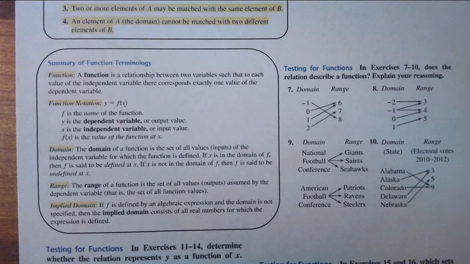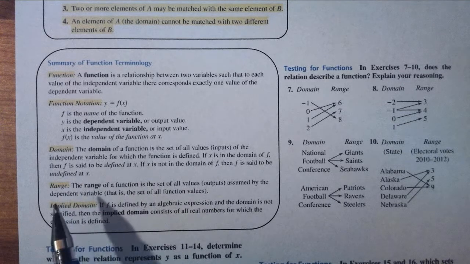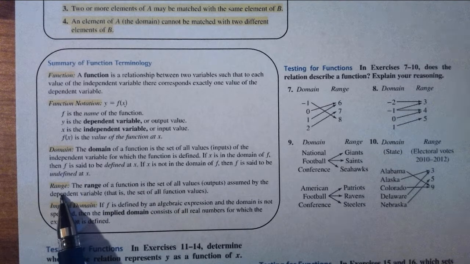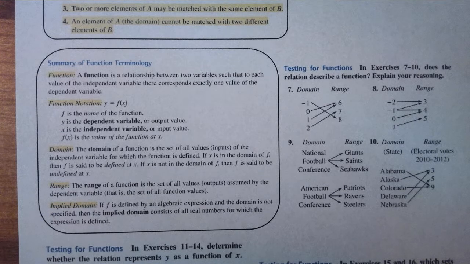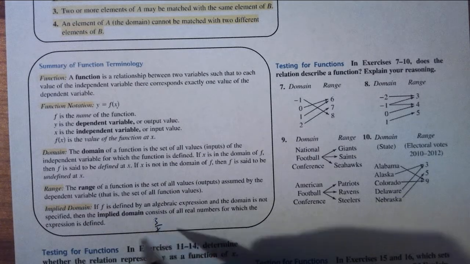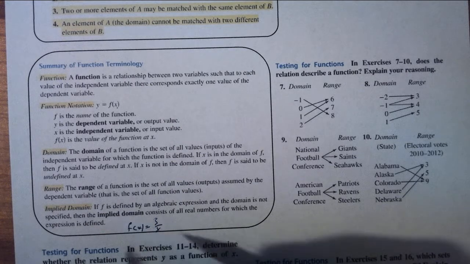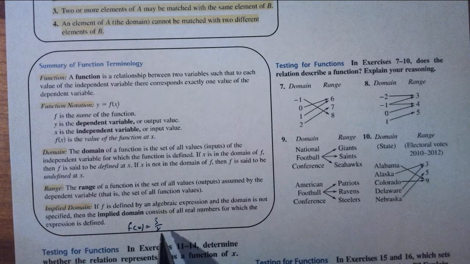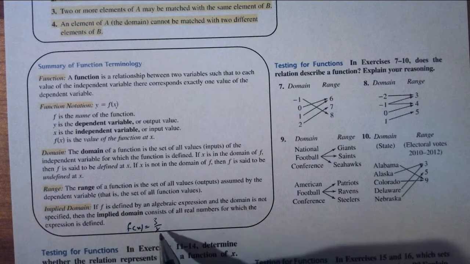Okay. So domain are the allowable values for us to put into a function. The range are the possible things that can come out of a function, the possible y values. Implied domain: when we have an algebraic expression, you're going to see examples of that. For instance, let's say f of x is 3 divided by x. x may not be 0 because we can't divide by 0.